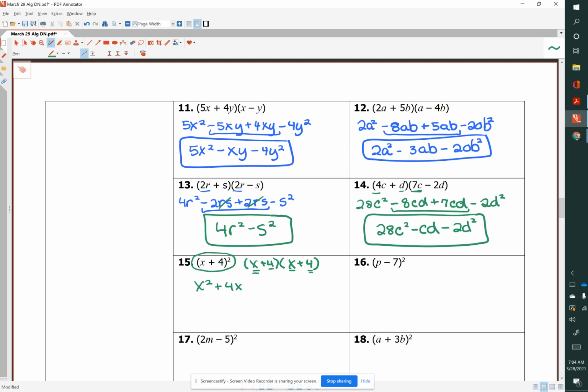And now the inner terms, positive 4 times positive x is another positive 4x. And then 4 times 4, positive 16. We combine the like terms in the center. x squared plus 8x plus 16.